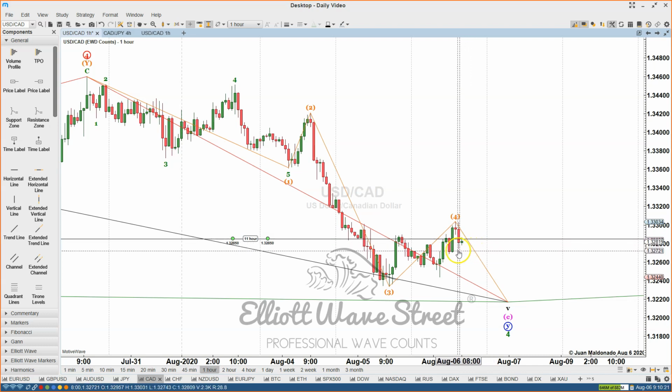Look, on the hourly chart, we are seeing a star pattern, this three candle formation, plus we have the price trying to cross resistance, failing, and starting to reverse.